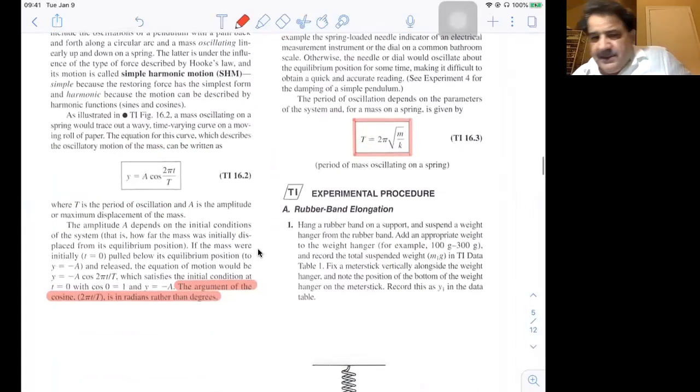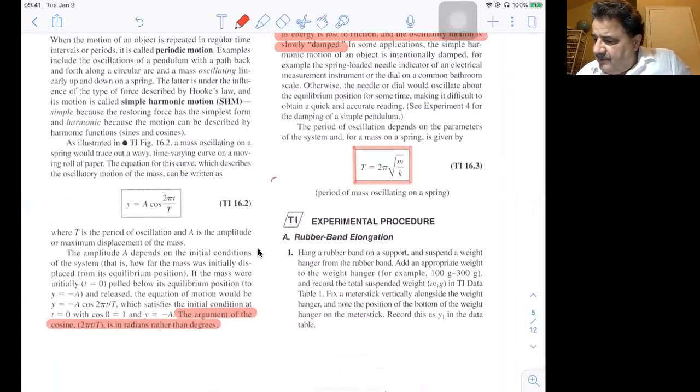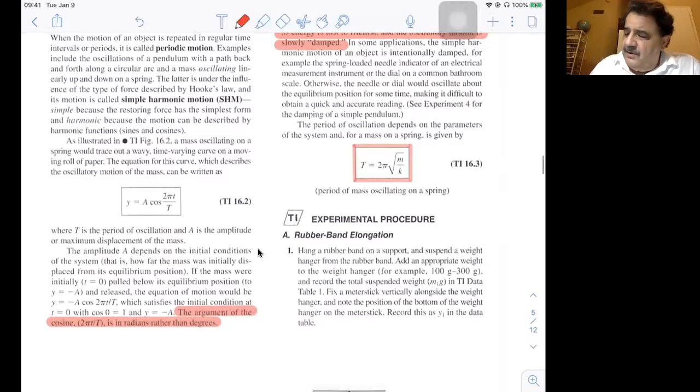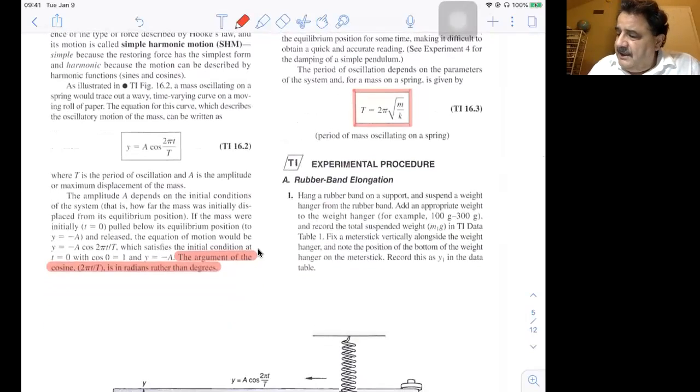But this equation that I've got highlighted here, that's the one that we're going to concentrate on. This is going to give us our spring constant. We're going to solve for k. We're going to solve this equation TI 16.3 for k.